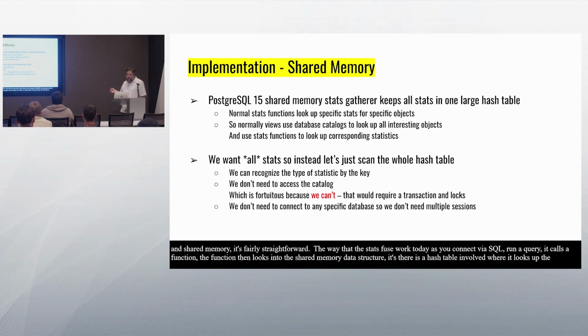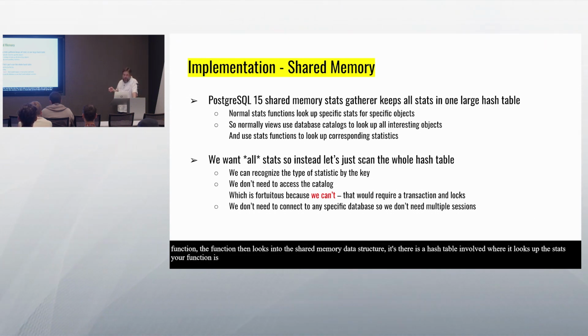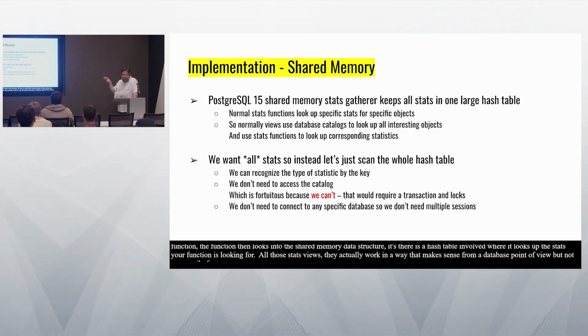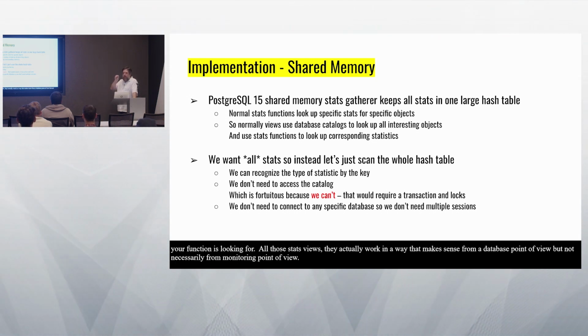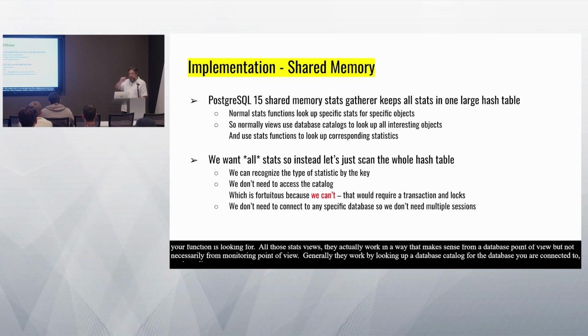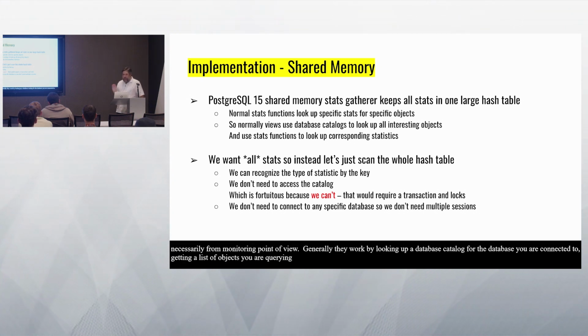So all those stats views work in a way that makes sense from a database point of view, but not necessarily from a monitoring point of view. Generally they work by looking at the database catalog for the database you're connected to, getting a list of objects that you're querying, and calling the function to look up the stats for each of those objects.